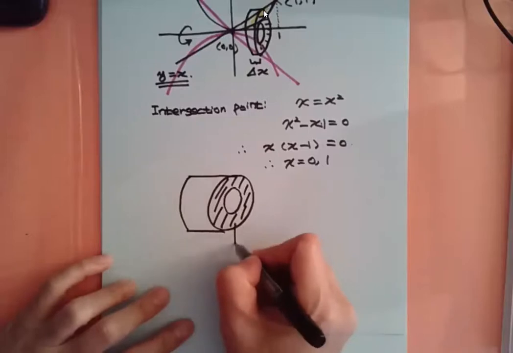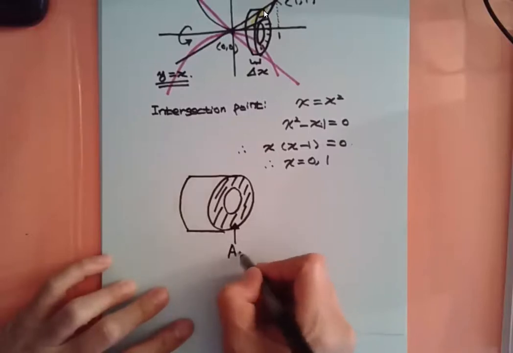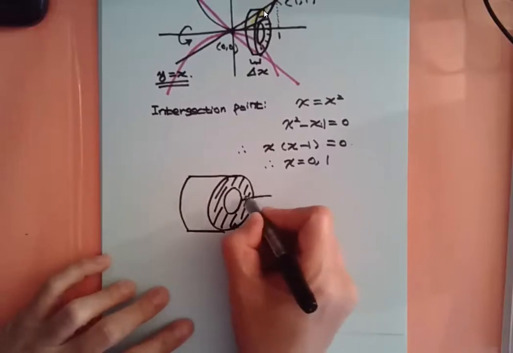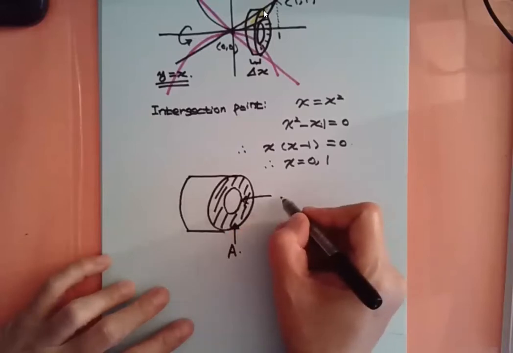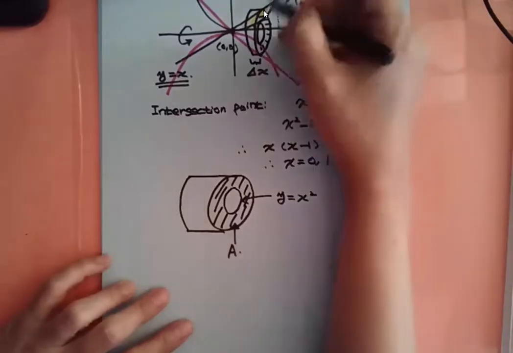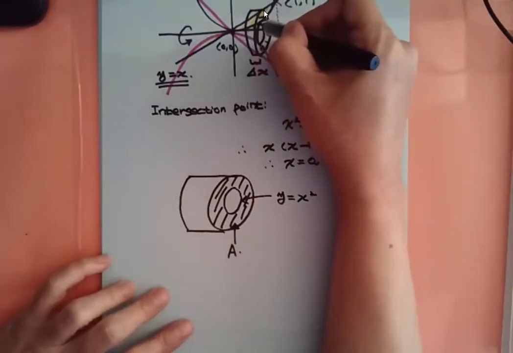So we are thinking about this area, and this inner circle is y equals x squared, because this makes the inner circle.